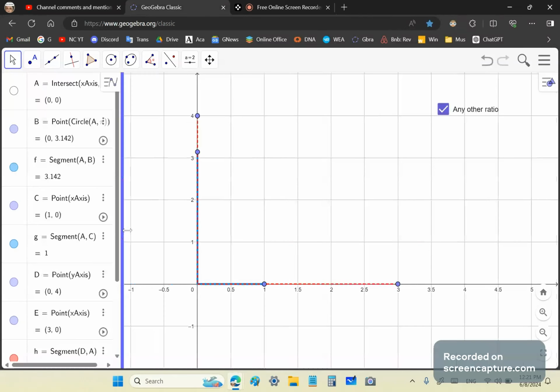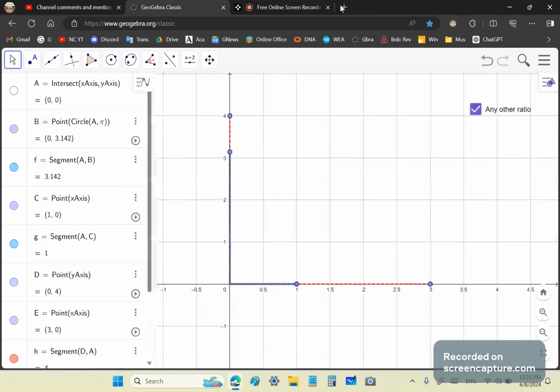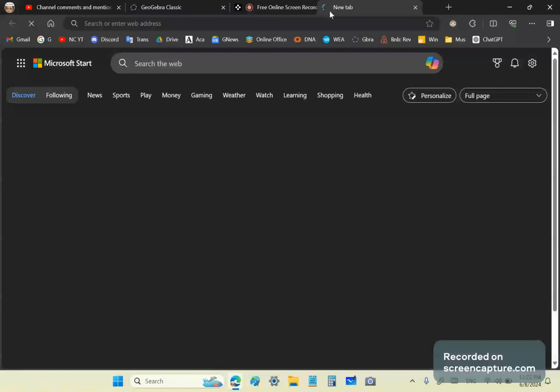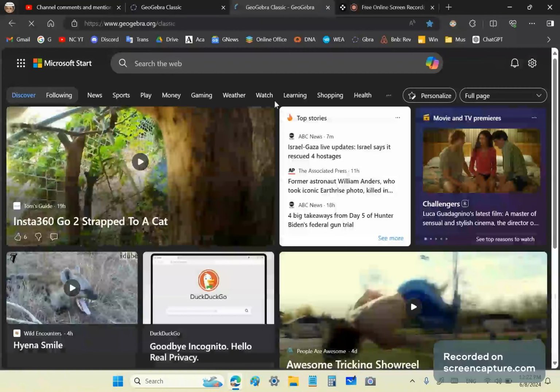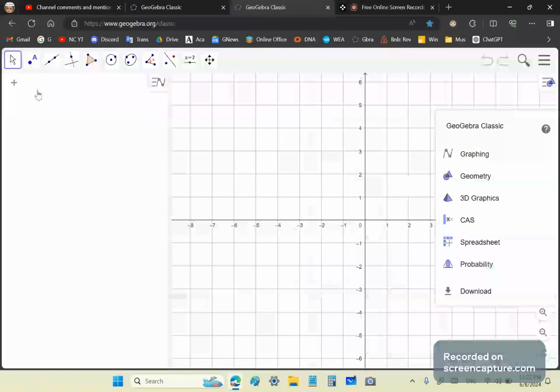So for example, let's pull up another GeoGebra window here, and I'll show you. So suppose we say (1 plus x) to the power of 1 over x, like that.